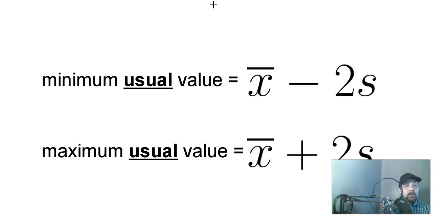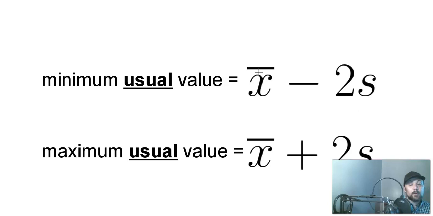Whereas 2 would be unusual in the second data set because it was always equal to 3. There was no variation in that data set, so we wouldn't expect variation if we were to collect further data. The important thing to realize is that the variation in the data really determines what should be considered usual or unusual, and this is how it shows up in our rule of thumb.